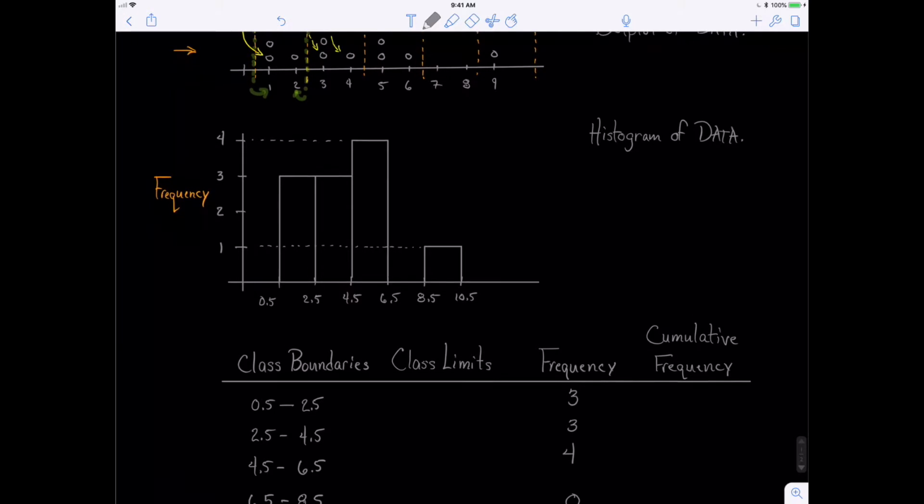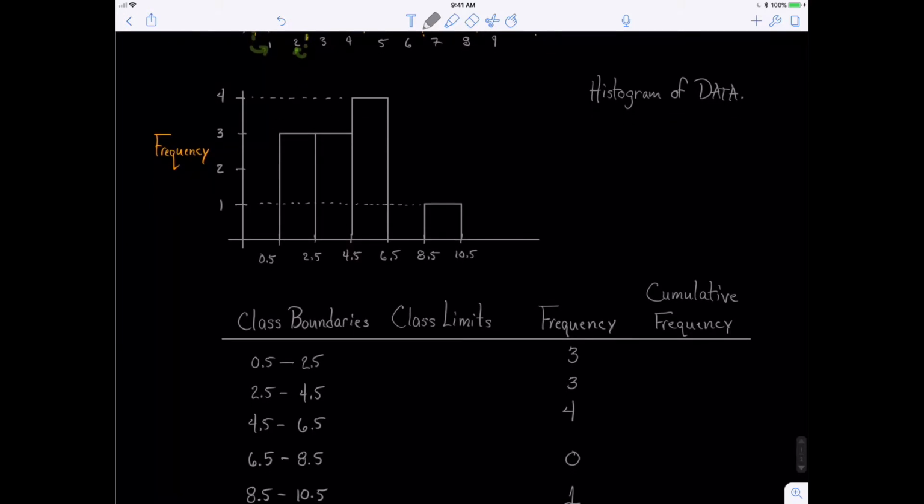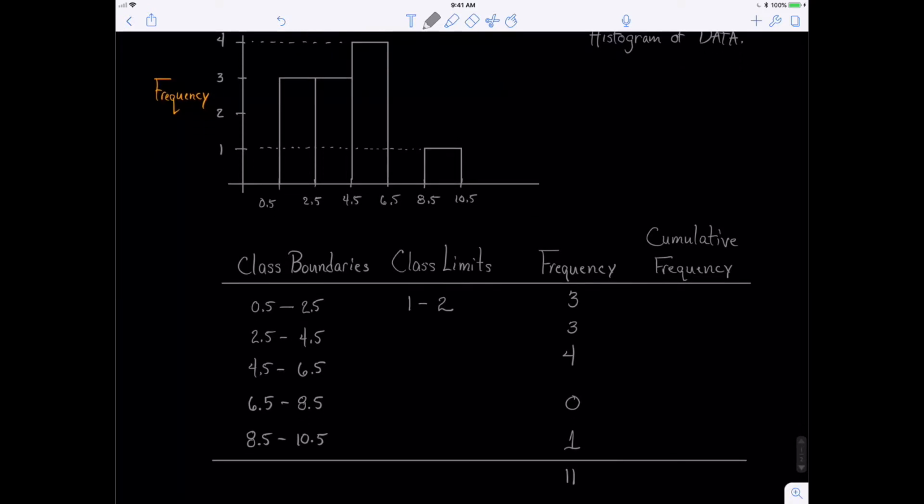So for the first class, the boundaries are 0.5 to 2.5, and my limits are 1 to 2. For the next group, from 2.5 to 4.5, my lower limit is 3 and my upper limit is 4. For the next class, just above 4.5, the first whole number is 5, and for 6.5, the whole number just below it is 6.